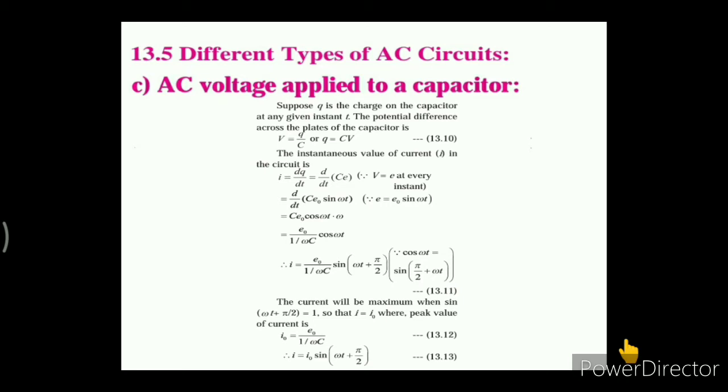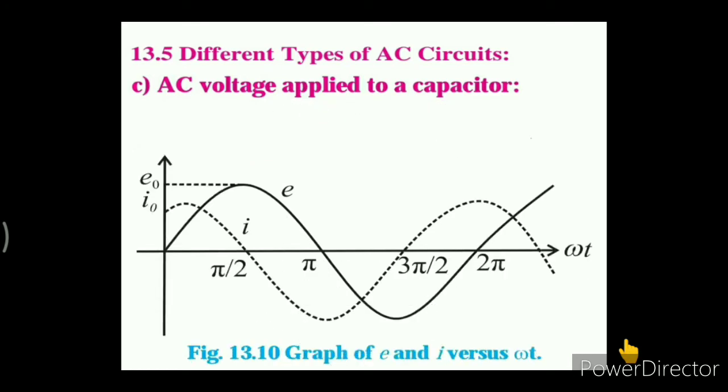Give it as equation 13.13. That means over here we are getting the instantaneous value of current as I0 sin omega t plus pi by 2 when the capacitor is connected across the AC supply.